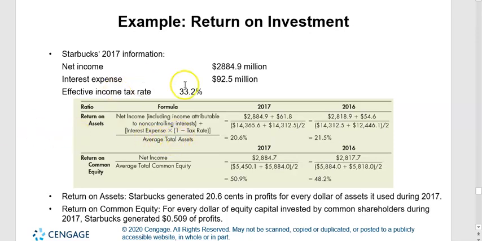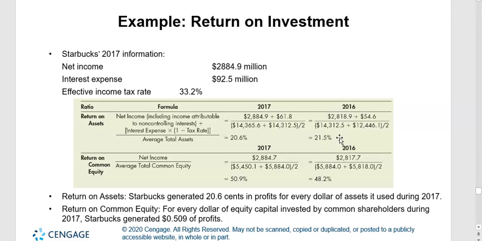All right, so here's an example. Here's our net income, here's the interest expense, the tax rate was 33.2%. The assets down here came off the balance sheet. So they have net income plus net interest expense divided by the average assets. And then they multiplied it by 100, and they got 20.6%. In 2016, it was 21.5%.